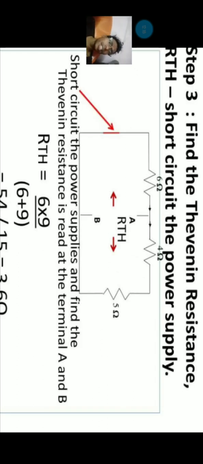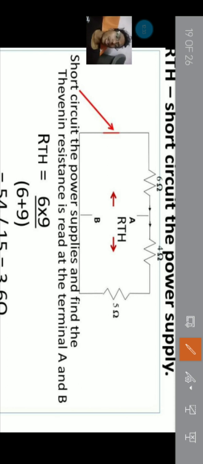Okay, it's done here. Now step 3, find the Thevenin resistance. Short circuit the power supply. Here we must find the RThevenin. For RThevenin we must short circuit the voltage source. Now this 6 will be in parallel because it is short circuited.